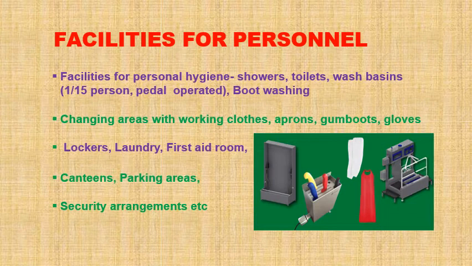There should be changing areas with working clothes, aprons, gumboots, gloves. There should be lockers, laundry and first aid room facilities. There should be canteens or cafeteria, which should be separate for the people working in the clean section and in the unclean section. There should be parking areas and there should be security arrangements, etc.